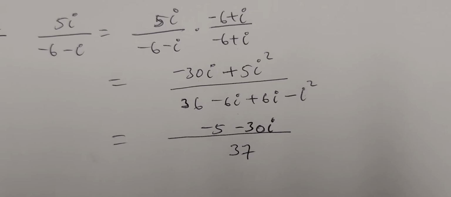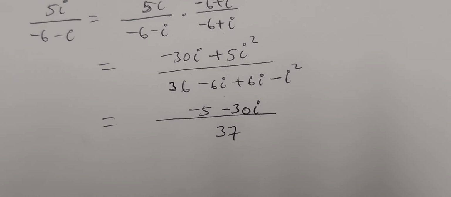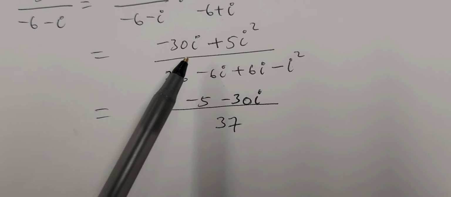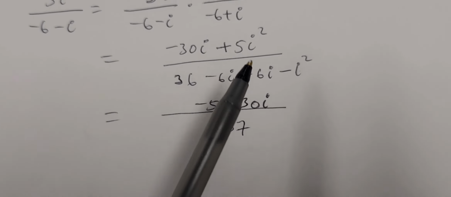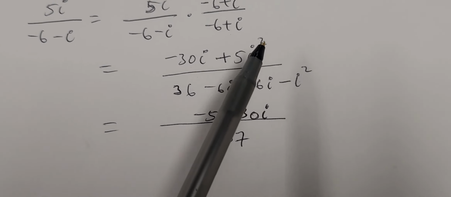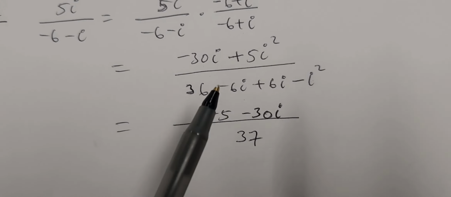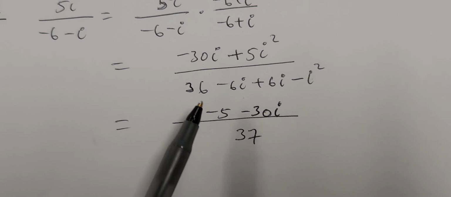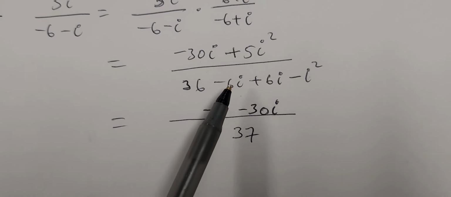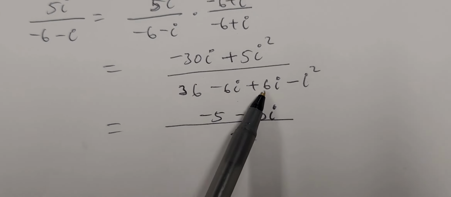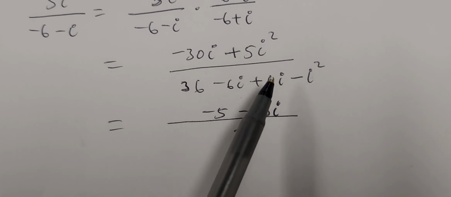Now let's fix the top and the bottom as well. So clean this up. This negative 30i, I'm going to put it in the back. There's the I squared. So I squared is negative 1. Negative 1 times 5, negative 5. Here's the 36. This negative 6i and this positive 6i cancel out.